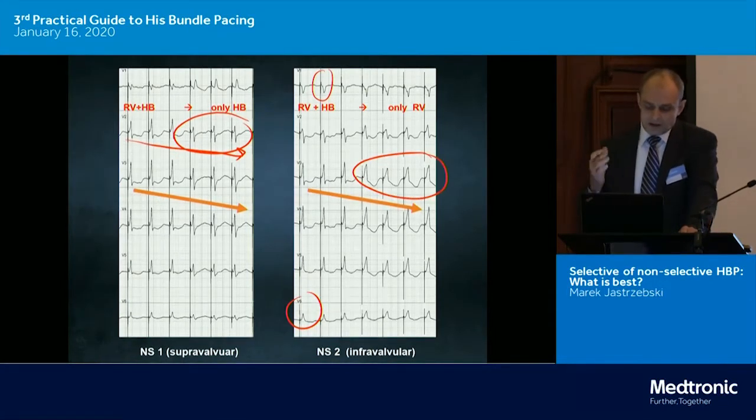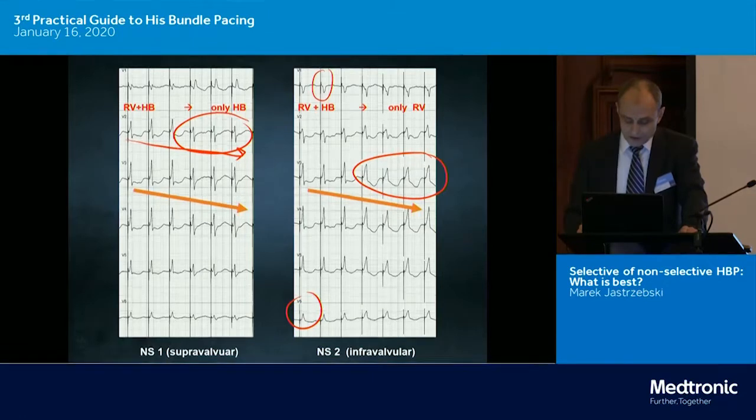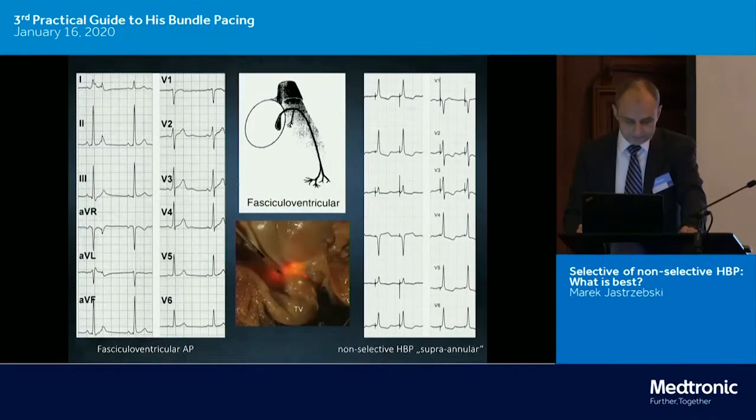So it looks like in this second position the lead has more direct contact with the myocardium. This opportunity to directly engage the working myocardium impacts the degree of non-selectivity, impacts the QRS, and I believe it also impacts the potential clinical outcome and the contraction of the left ventricle.